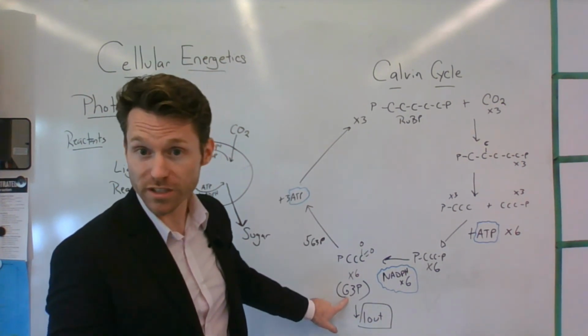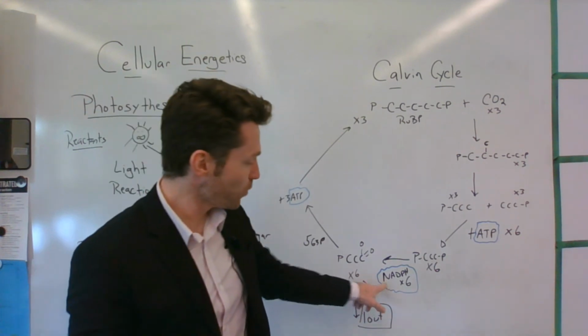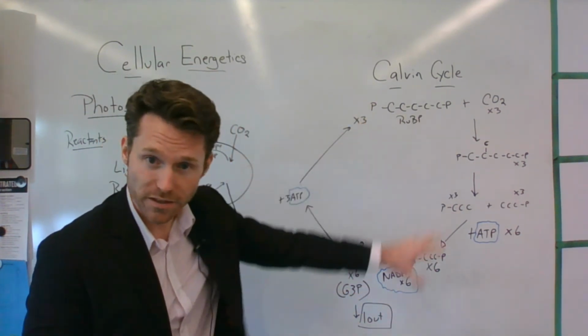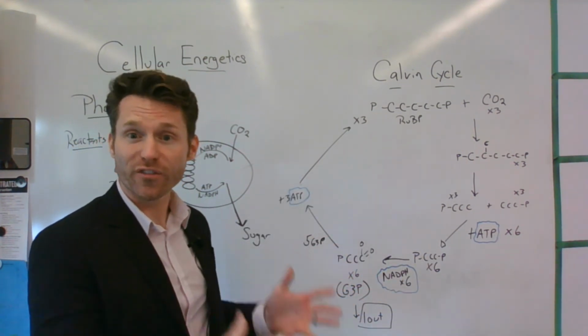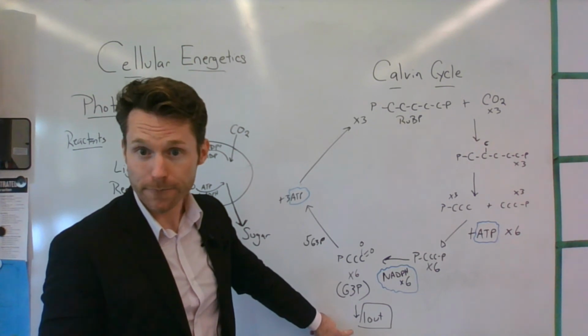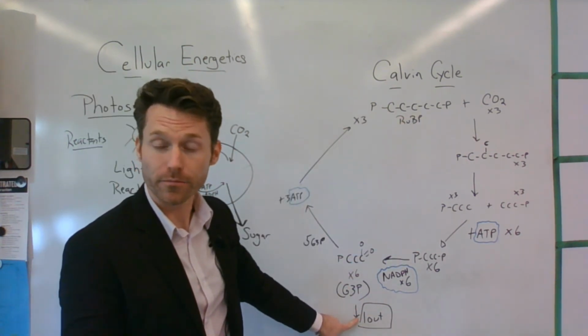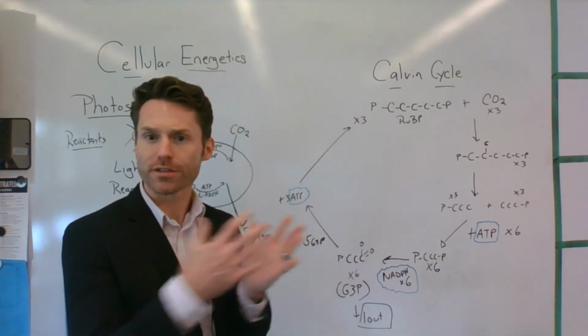This is what we're using to make the sugar in the end. Up to this point, I make 6 of these G3Ps with this process, but I can only afford to dump out 1. So every time I go through this, I make 1 G3P, and the G3P can be combined with other G3Ps to make sugars such as glucose.